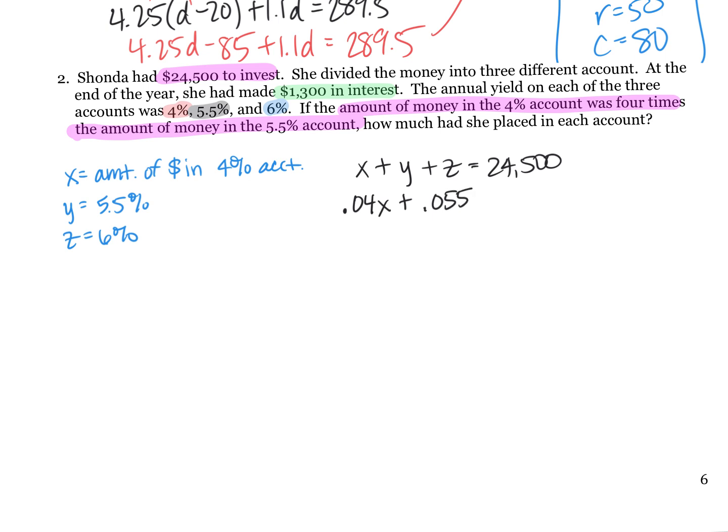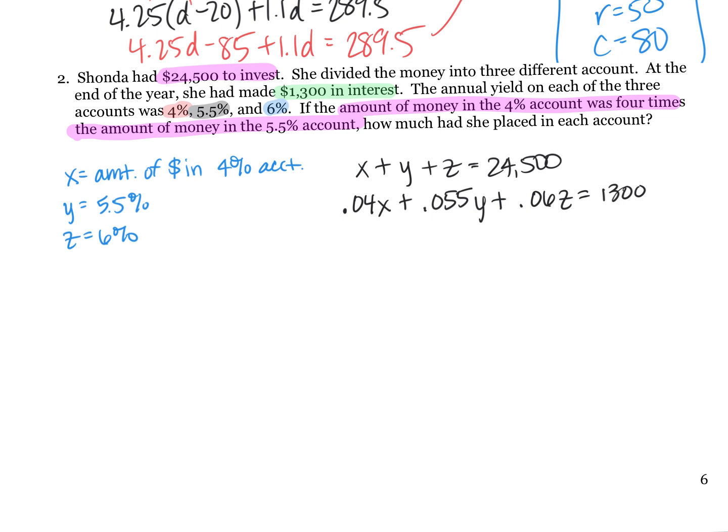And a lot of people put the 0 in front of the decimal, which I think is great. A book would always do that so that you don't miss the decimal. I just get lazy, and I often don't put the zero. I just put the decimal. What a lazy bum. And 0.06Z. So getting that different interest in my different accounts is going to get me how much interest? 1,300. Well done.